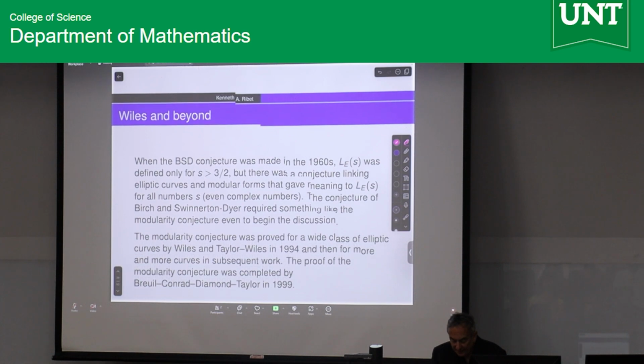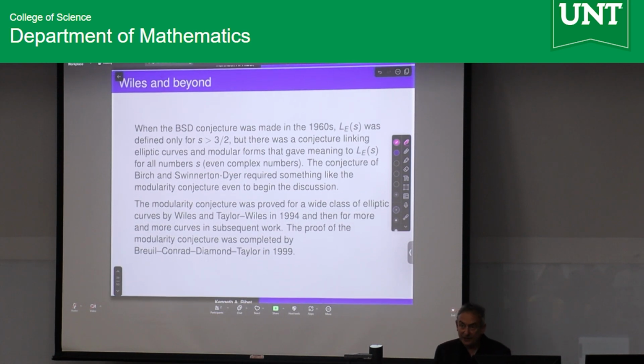And I should say that when the conjecture was made, the L function wasn't really properly defined. It was defined by a formula that only made sense for numbers s bigger than 1.5. And the fact that we can even talk about the value at 1 with a straight face is due to a theorem that was proved in the 1990s that came out of the work of Wiles and Taylor-Wiles on proving Fermat's last theorem.